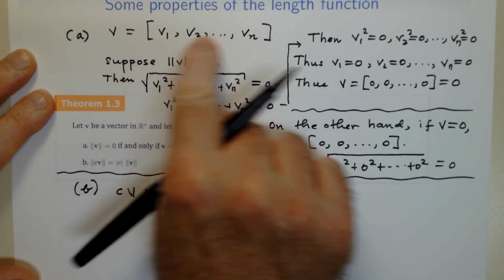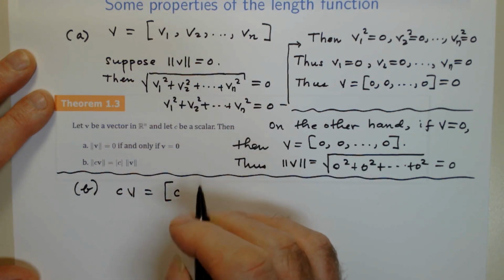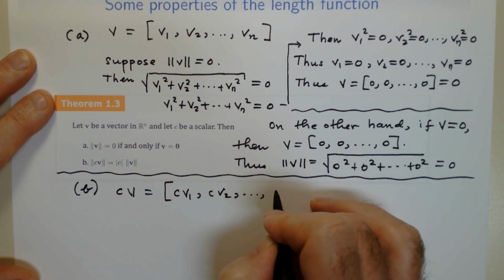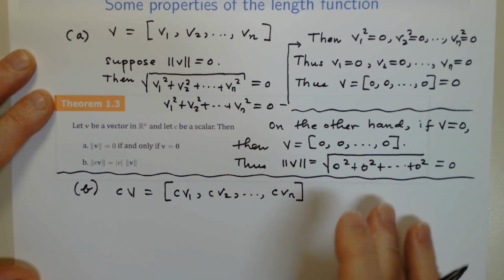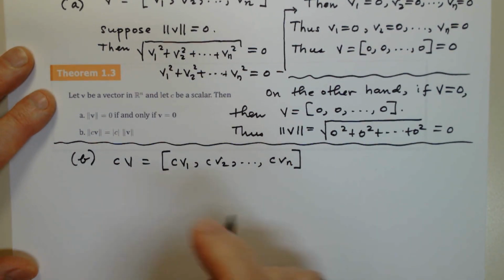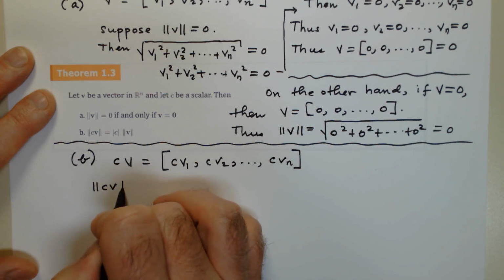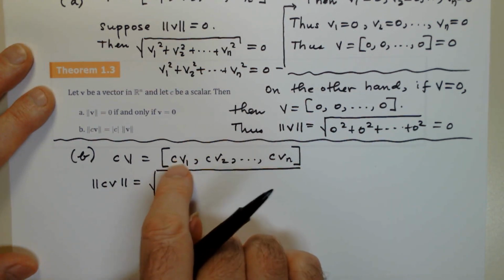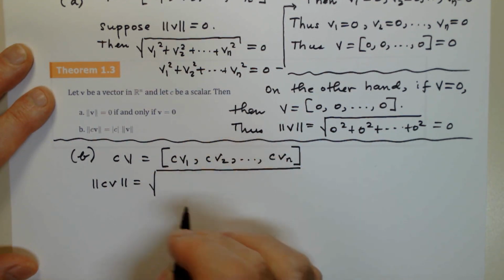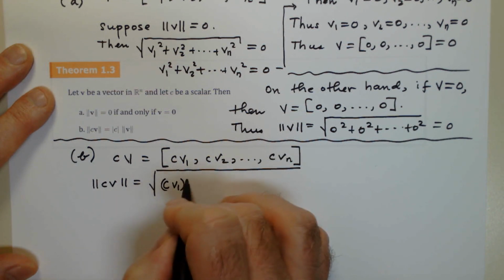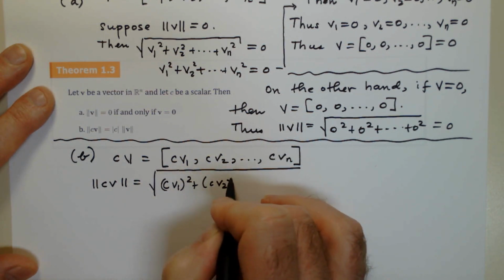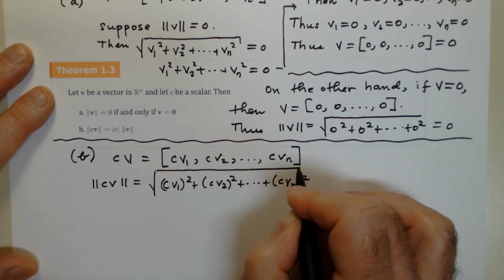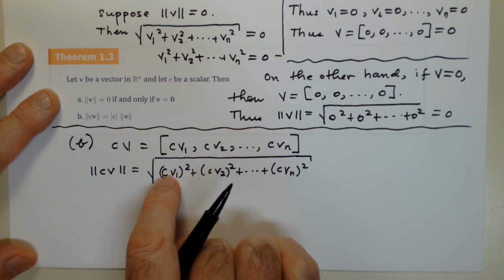We know that that has the effect of changing all of these components by that factor of c. So we'll have cV1, cV2, out to cVn. Now what's the length of this vector? Well, it's going to be the square root of the sum of the squares of these components. Okay, and now we can apply the square.